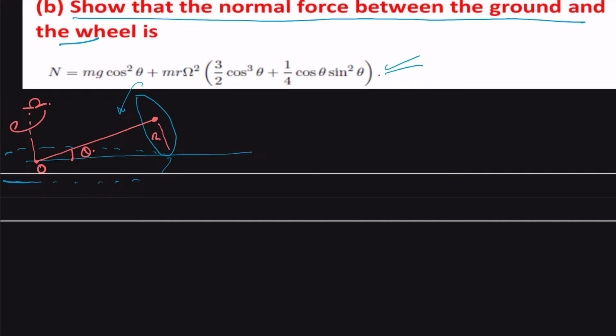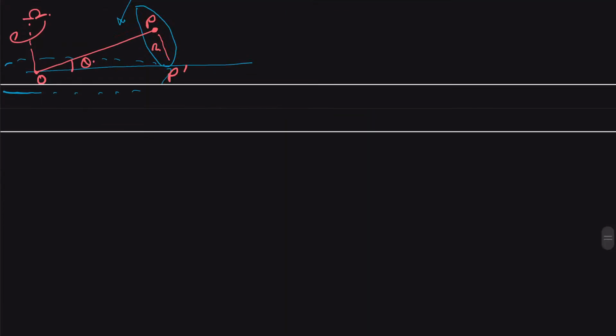So we have two types of motion, and one we can call a spin motion. Let us call this point P, and let us call this point P prime. So we can say there are two simultaneous motions.